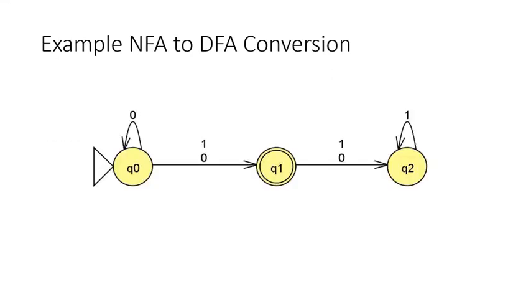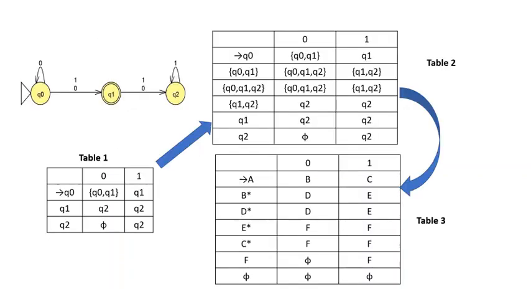So let's start with an example. Here in this transition diagram, we can see there are three states, Q0, Q1 and Q2, where Q1 is a final state and the alphabet set is 0 and 1. First we have to design table 1.